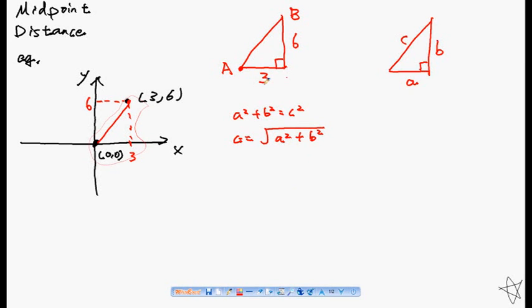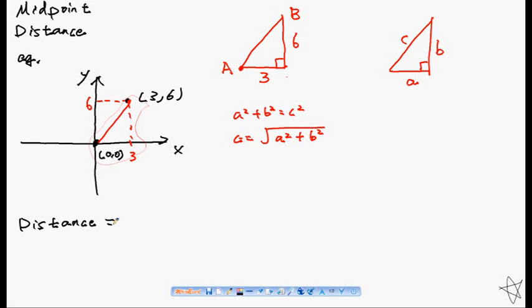In this case, the horizontal distance is 3 and the vertical is 6. So the distance basically equals the square root of (3 minus 0) squared plus (6 minus 0) squared.